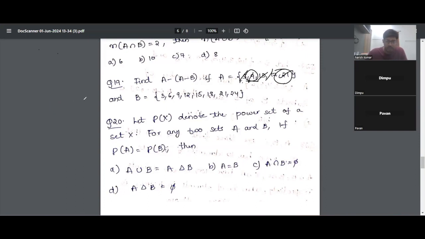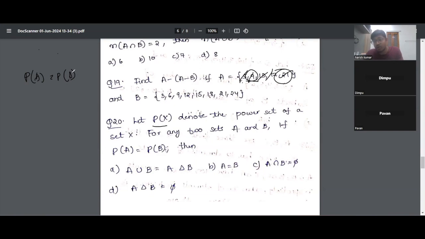Okay. Let P of x denote the power set of set x. For any two sets, if P of A equal to P of B, then. Now, what does this mean? P of A equal to P of B, that is, the power set of A is equal to the power set of B. What is a power set?